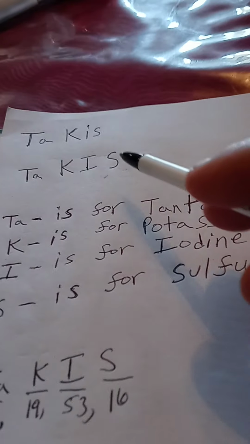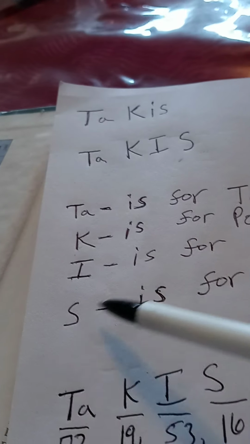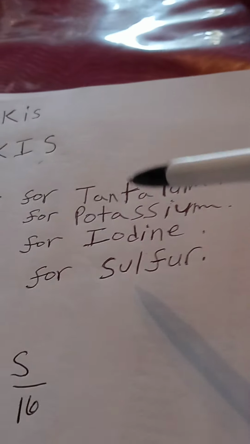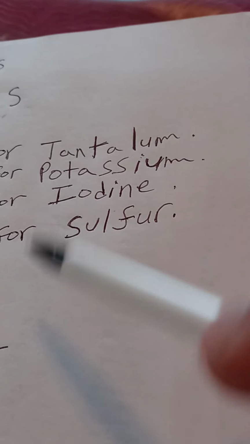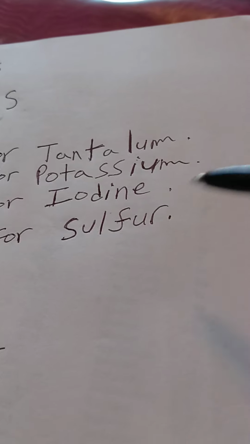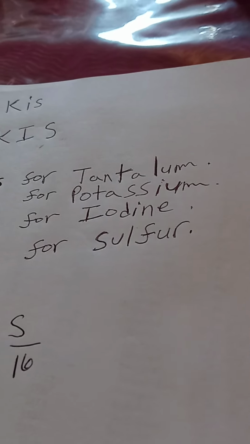Then I got the S, capital S for sulfur. The atomic symbol for sulfur is S, capital S, not a small s, but a capital S. Sulfur is spelled S-U-L-F-U-R.